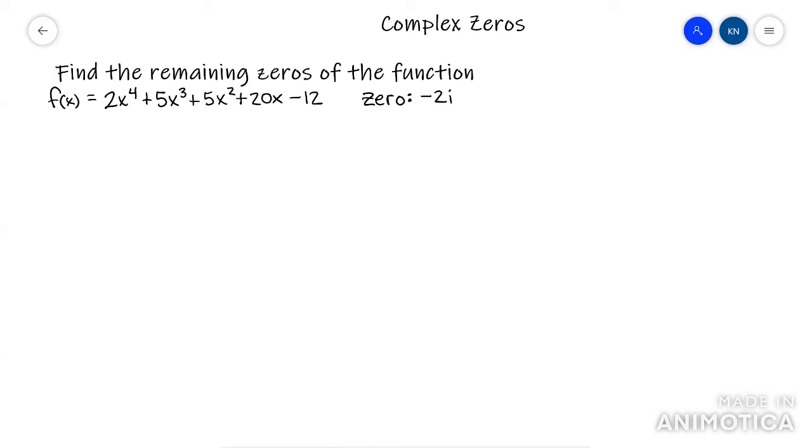Okay, imagine you saw a problem like this. They give you this super long polynomial and they give you one of the zeros.